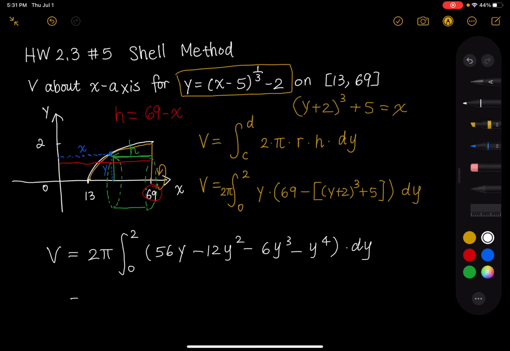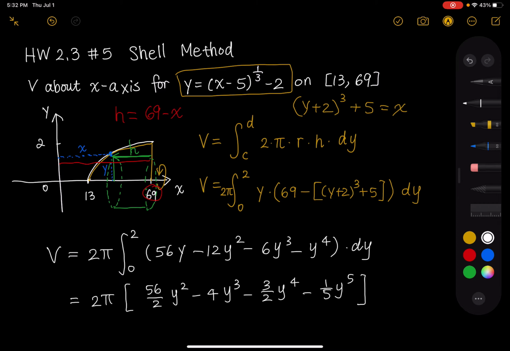And then you just apply the power rule to find the antiderivative. So 56 over 2 y squared minus 4 y cubed minus 3 over 2 y to the fourth power minus 1/5 y to the fifth power.